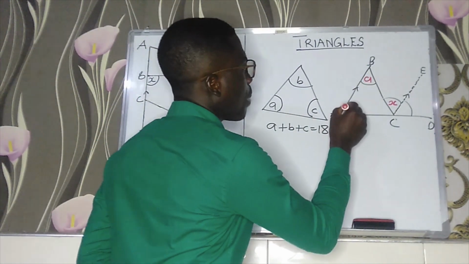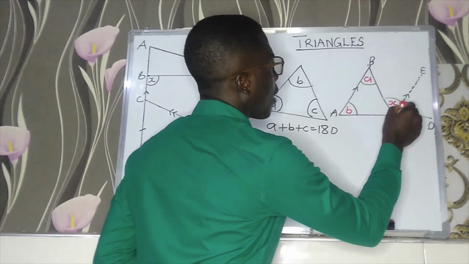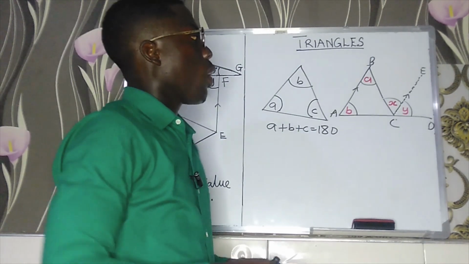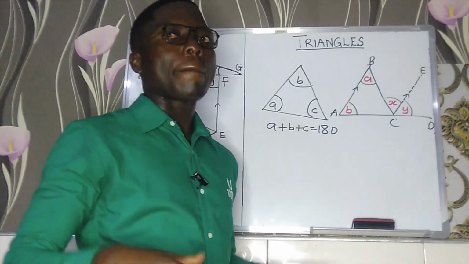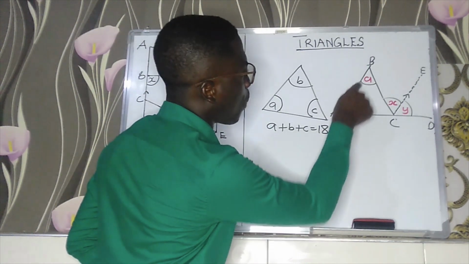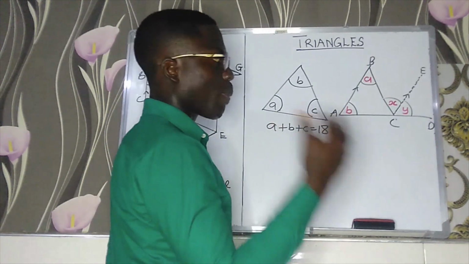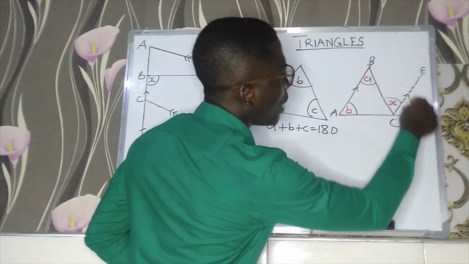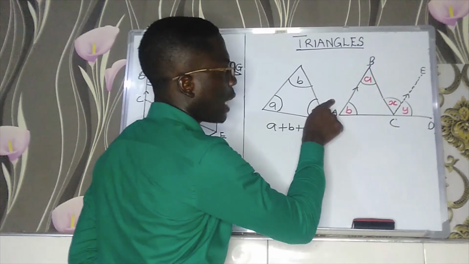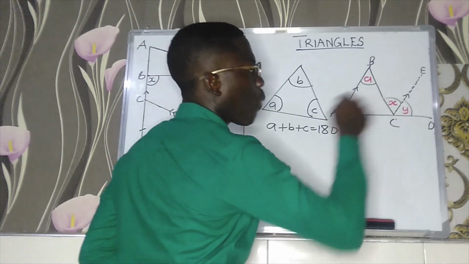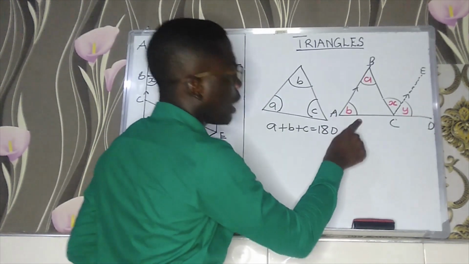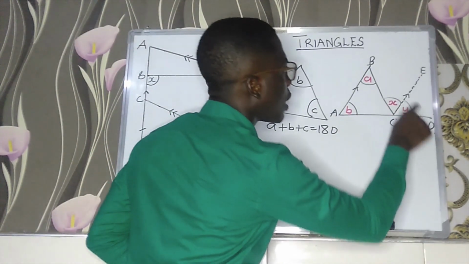And then, if I have B here and my Y here, then B is also equal to Y because corresponding angles are equal. We said whenever an angle is formed beneath a parallel line, it is corresponding to the angle formed beneath the other parallel line. If it is on top of the parallel line, then it is corresponding to the one on top of the other parallel line. But now we are talking about the one beneath this particular parallel line; it is corresponding to the one beneath the other.